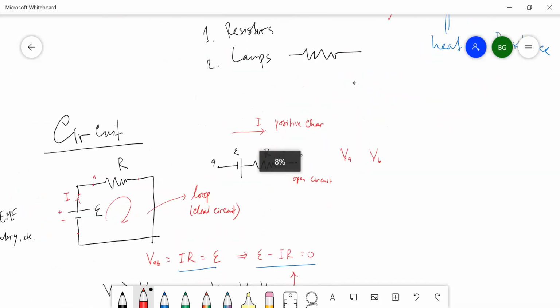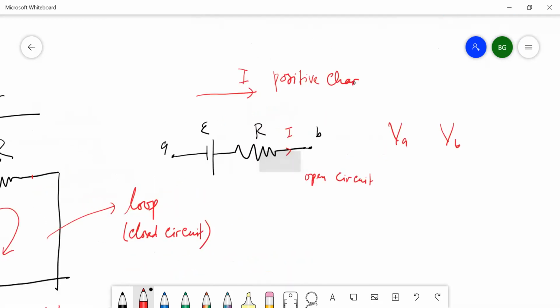So positive charge flows through, let's say, this is a plus and this is a minus, or this is 0, which means that it flows from the higher voltage to the lower voltage.